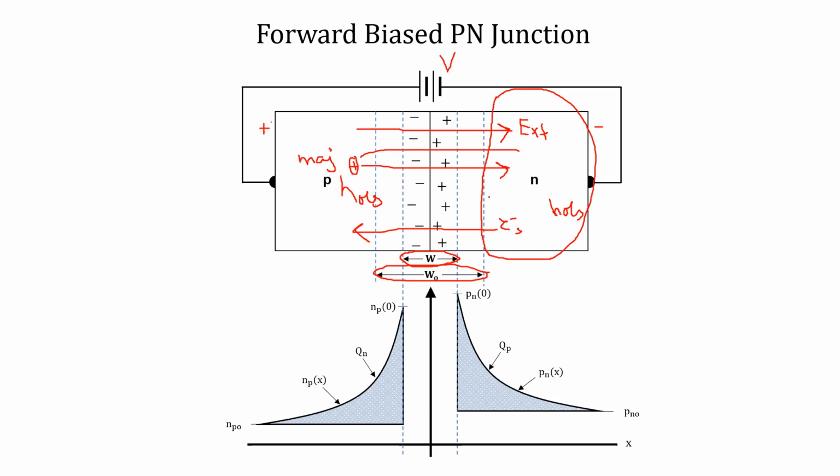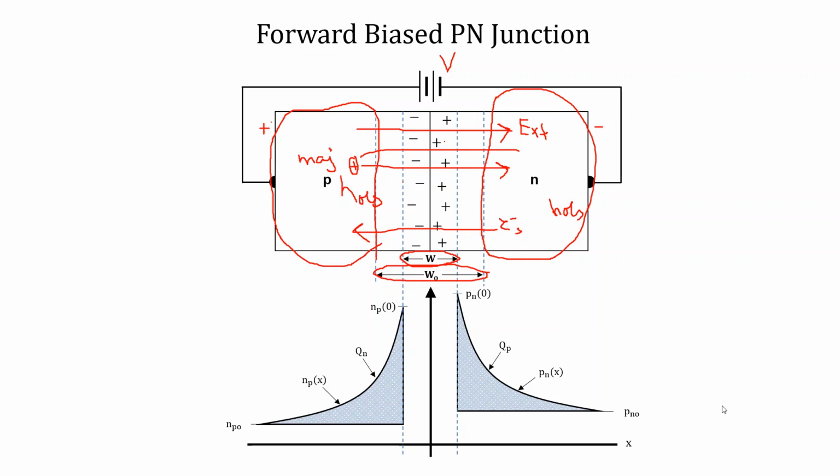Similarly, as electrons which are majority here reach the P side, where electrons are in minority, the minority charge carriers increase because electrons have reached here from the N side. So I hope this is clear.